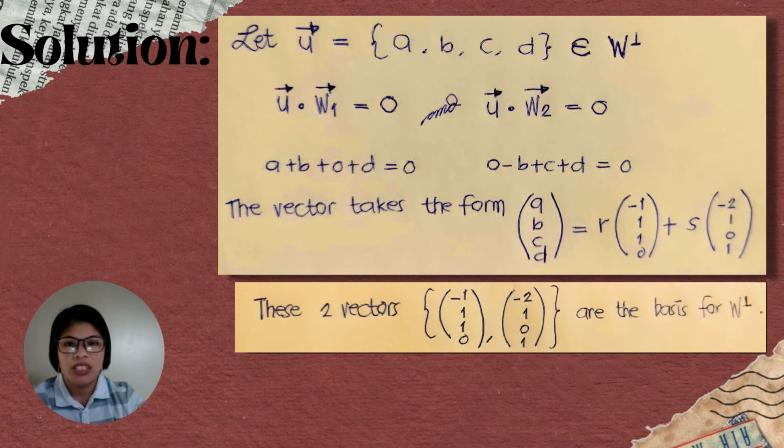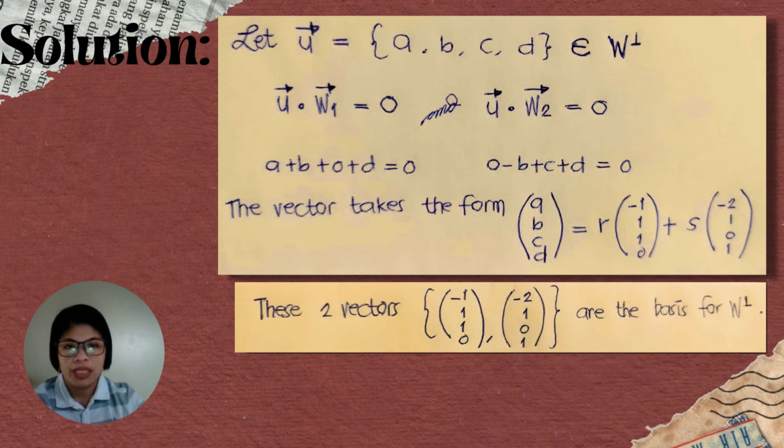And the theorem says U vector dot W1 vector is equal to 0, which gives a plus b plus 0 plus d is equal to 0. And then you have U vector dot W2 vector is equal to 0. After that multiplication, you get 0 minus b plus c plus d equals 0.